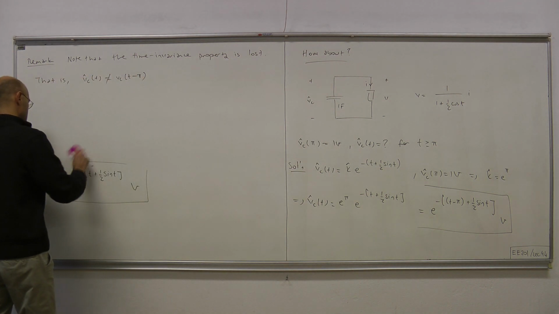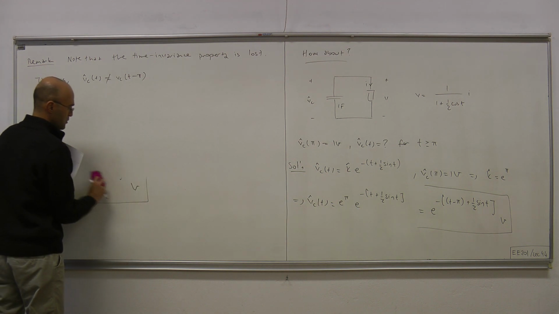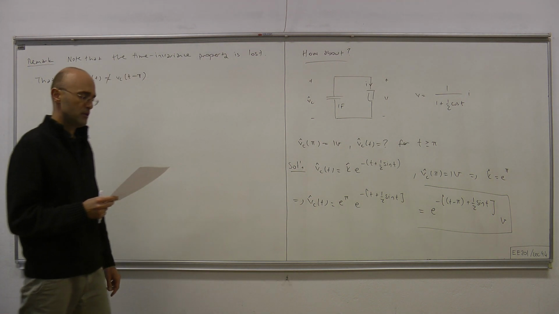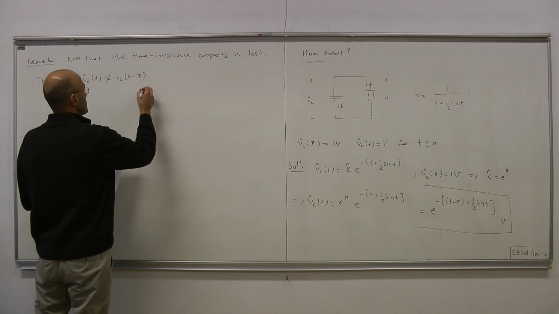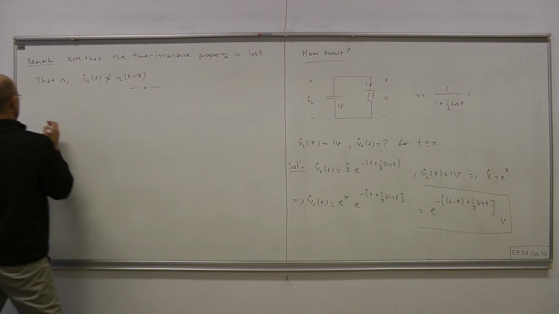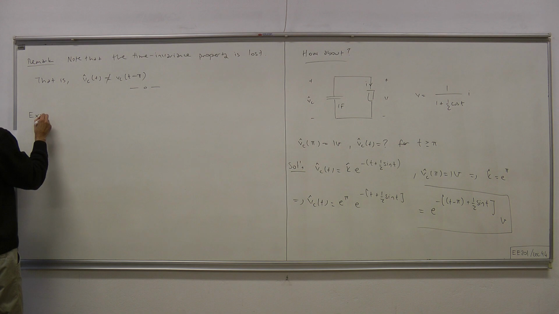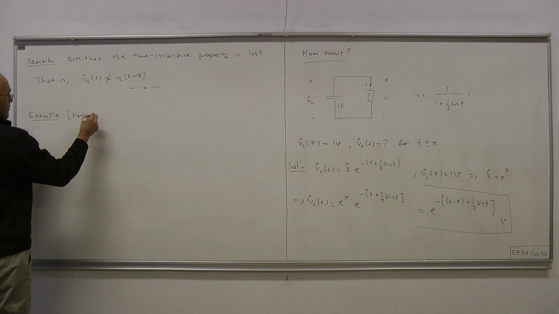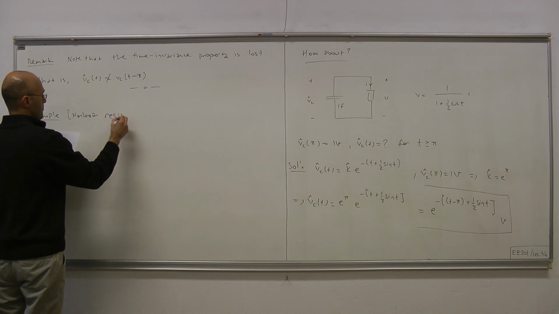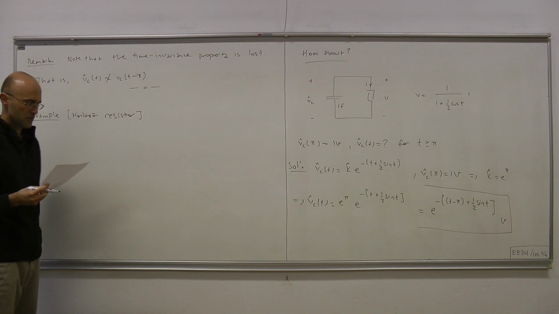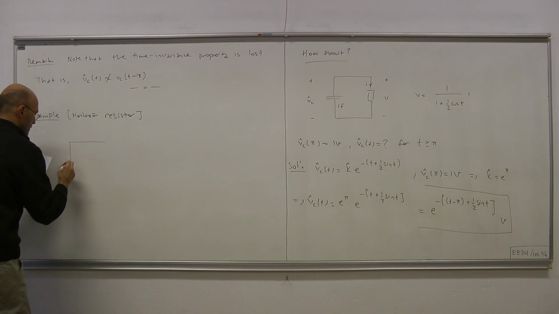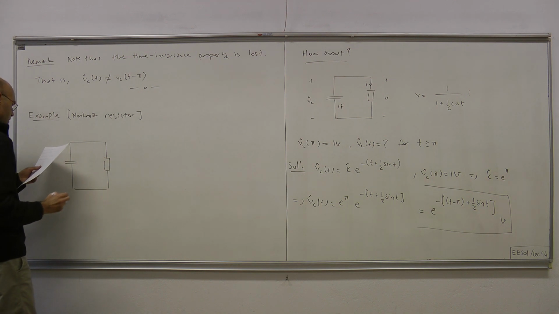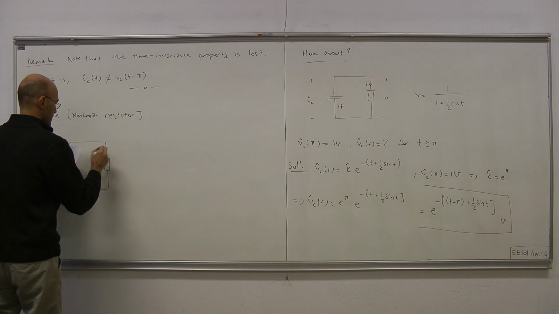Now let's look at a time invariant but nonlinear circuit. This time we will be losing the homogeneity property. Nonlinear resistor. Let's use the same topology, capacitor connected to resistor.